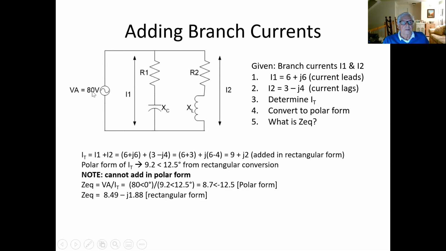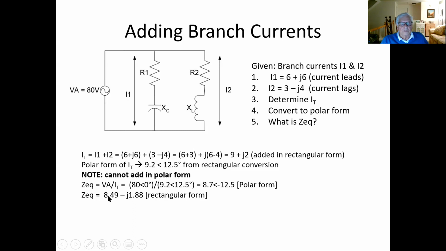VA is 80 at 0 degree phase, and IT, we found out, was 9.2 at 12.5 degrees. Divide through: 80 over 9.2 gives us 8.7, and 0 less 12.5 degrees is minus 12.5 degrees. That's our polar form solution.